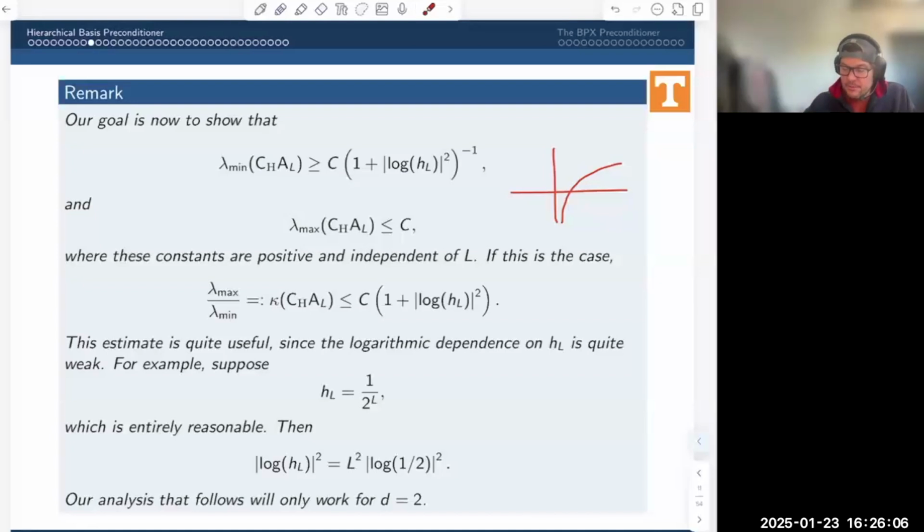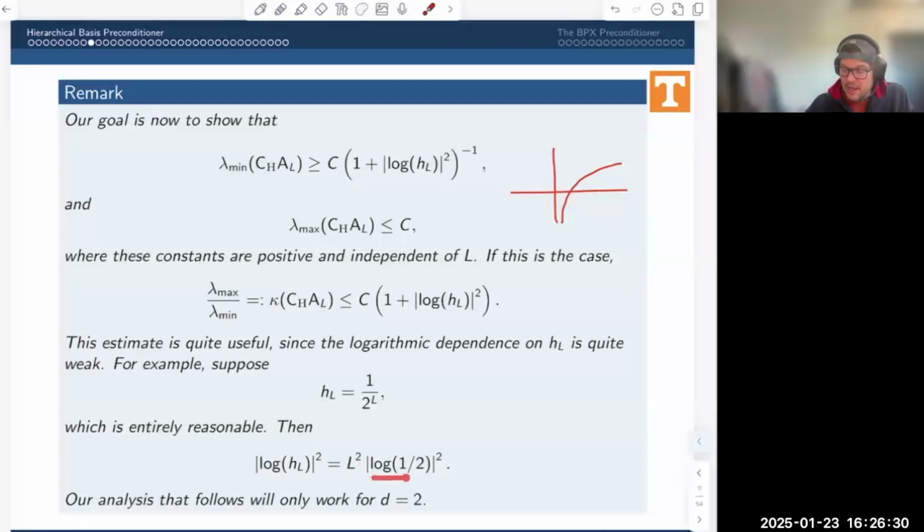So if I use the fact that HL has this form, then the absolute value of HL log HL squared is not too bad. It's something like L squared, because the L comes out of the exponent and gets squared. So I have an L dependence which looks like this.